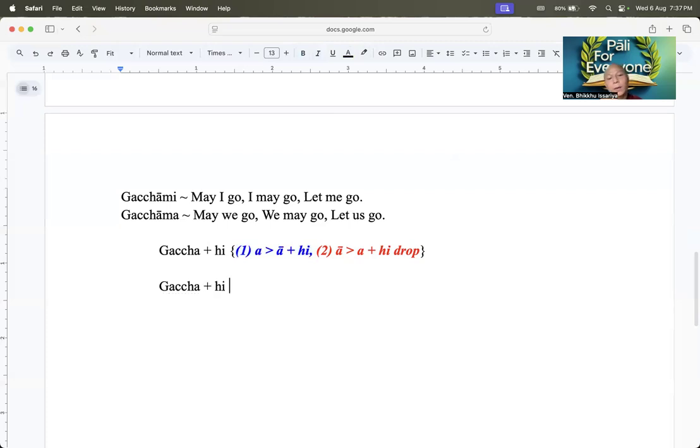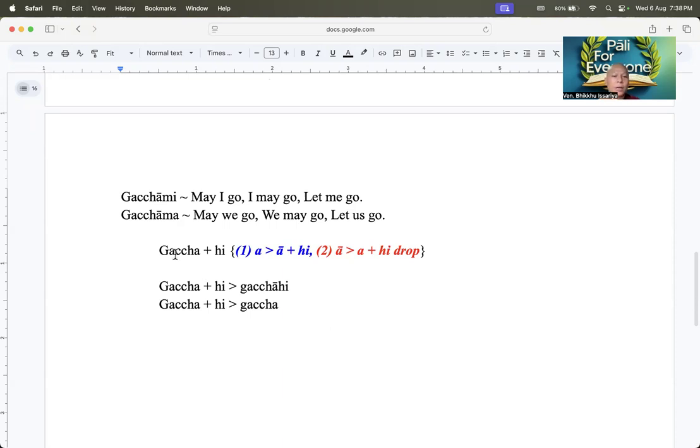So we have gacchāhi, and the second way, gaccha and then hi, we have just gaccha. Okay. So that is gacchāhi or gaccha, but the same meaning. The same meaning. So in this way it can be understood.